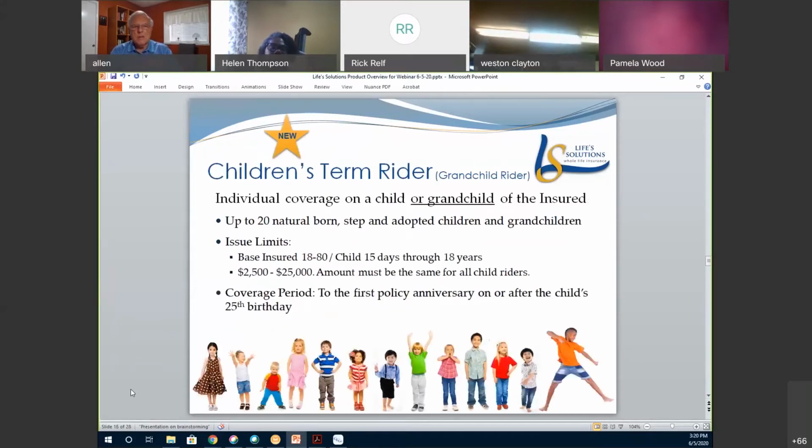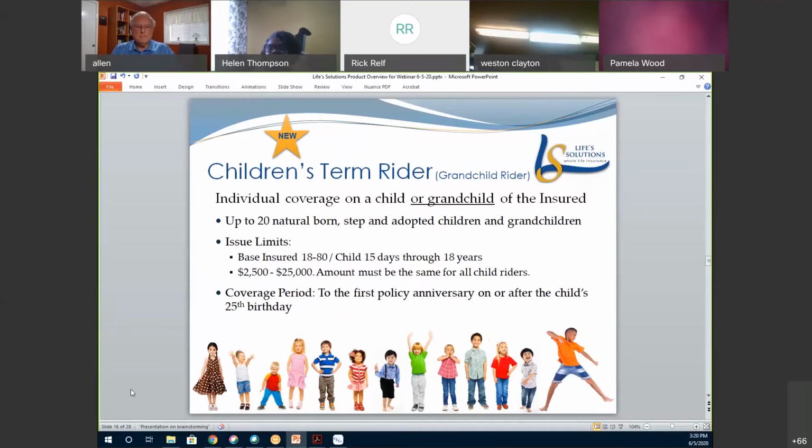There it is. So this is a great rider. It helps increase 3 things for you, okay? One, it increases the premium. Secondly, that means it increases the commission that you earn. But most importantly to me is it increases the persistency of this policy. Because if you sell me a policy and I put all my kids and grandkids on here and someone comes in, let's say a year later, and wants to move that policy out for their policy, I look and say, I can't change that.